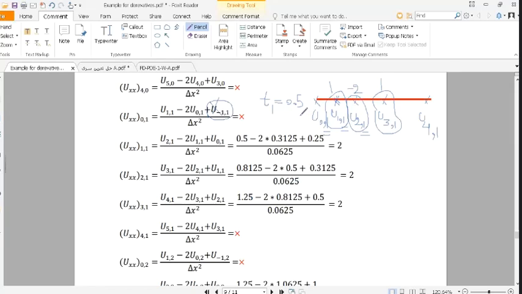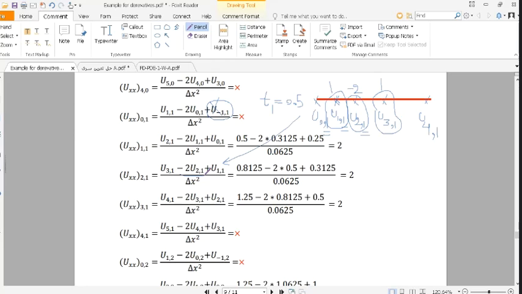We have this formula: U3,1 minus 2 U2,1 plus U1,1 over delta x squared.